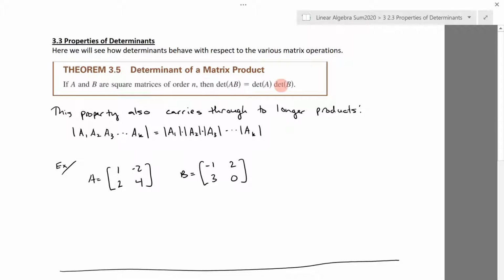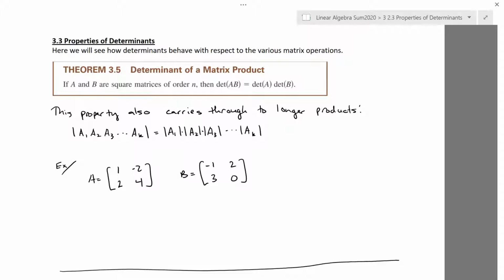So then you just have to look at how the determinant behaves in terms of products of elementary matrices. You want to look back at theorem 3.3 from the previous section on how the determinant works with elementary row operations and elementary matrices.